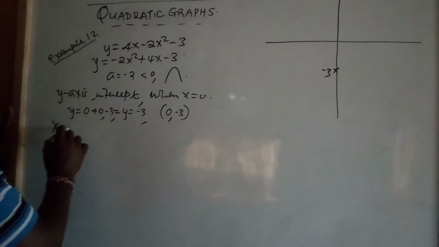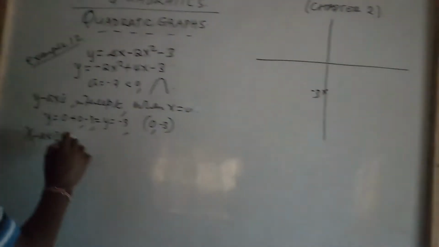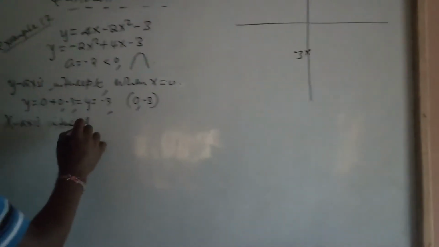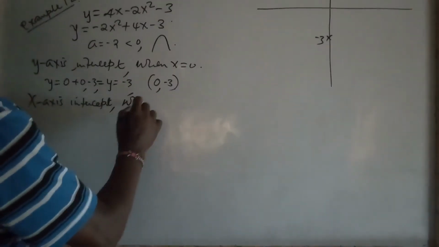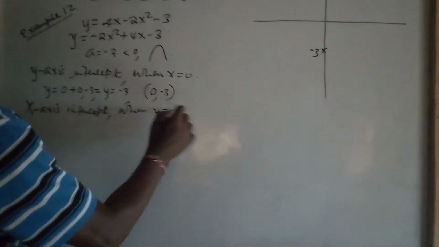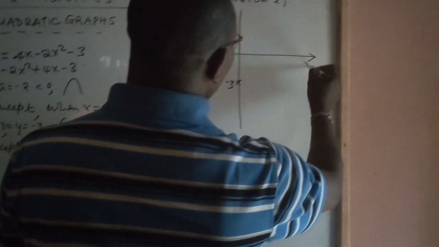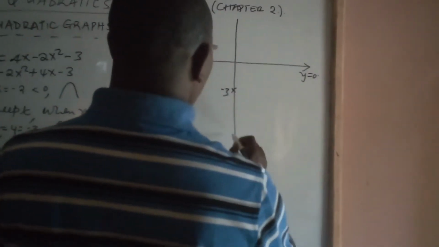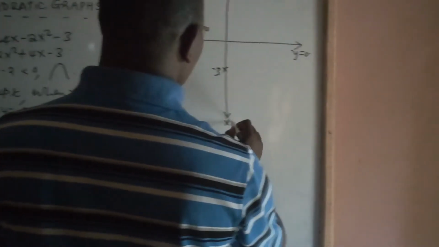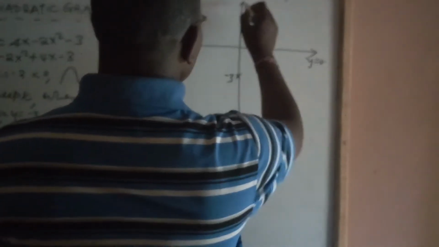What about the x-axis intercept? This one only happens when y is equal to 0. In fact, this line is called y equals 0, and this line is called x equals 0.